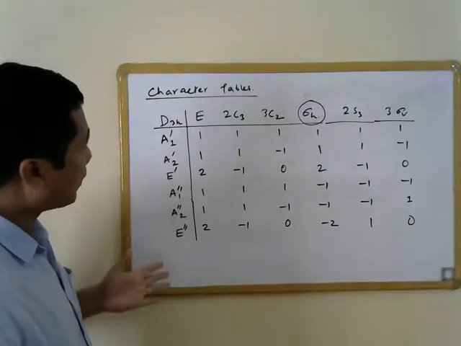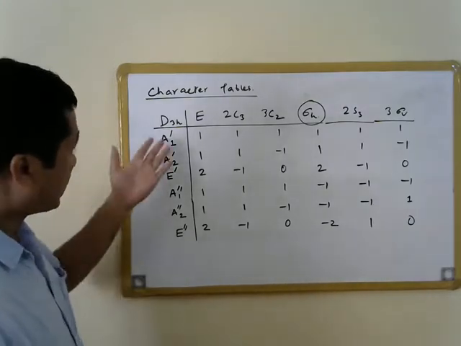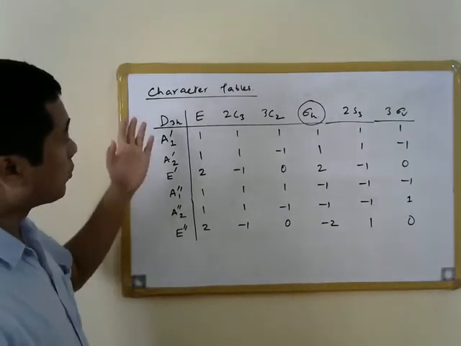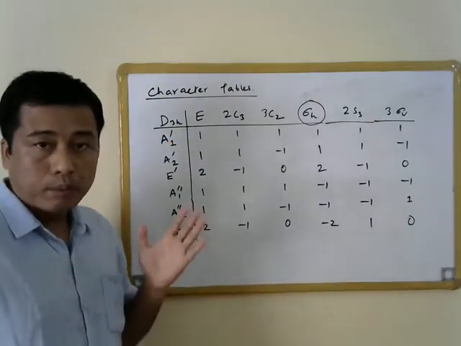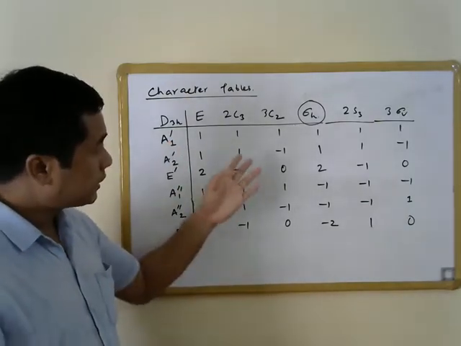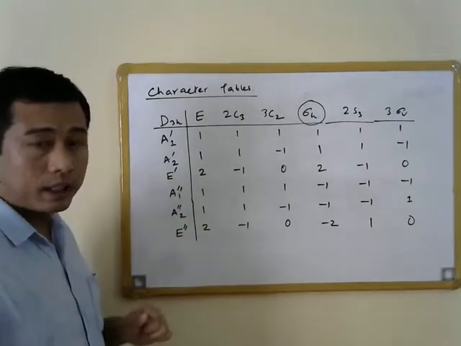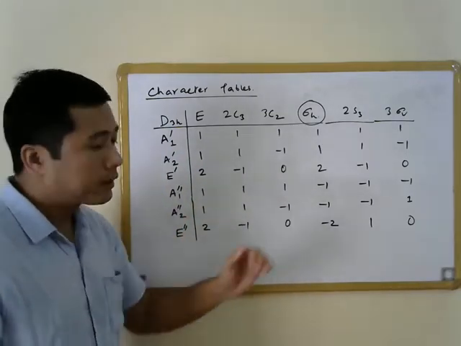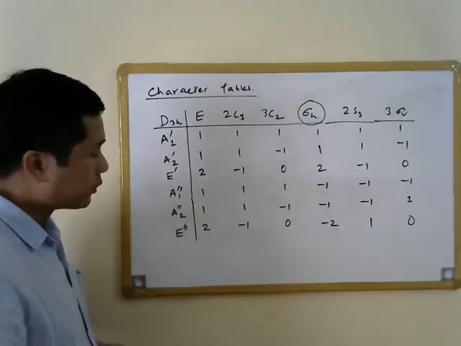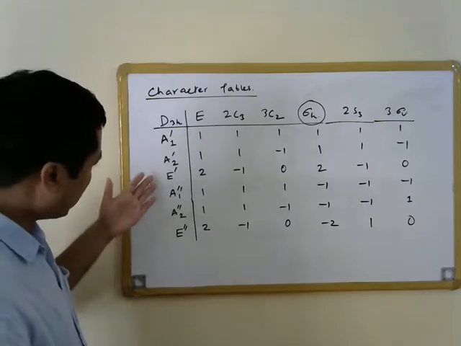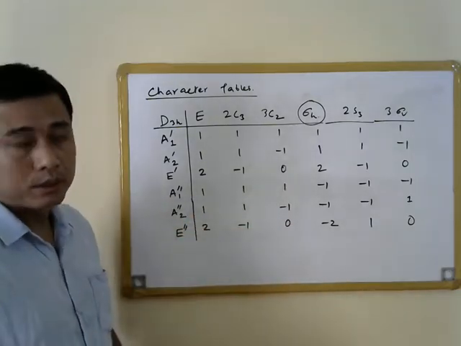So that is how we can now distinguish between the irreducible representations in the D3h point group, or in point groups where we have a sigma h. When we look at whether the representation is symmetric with respect to sigma h, if it is, then we write a single prime, and if it is anti-symmetric with respect to sigma h, we use a double prime to denote that it is anti-symmetric with respect to the sigma h symmetry operation.